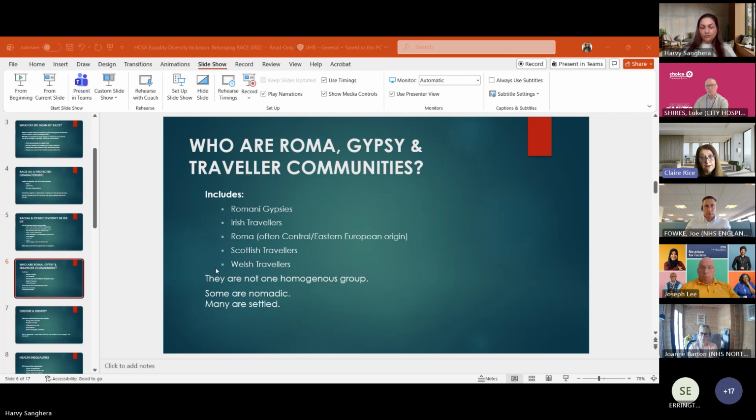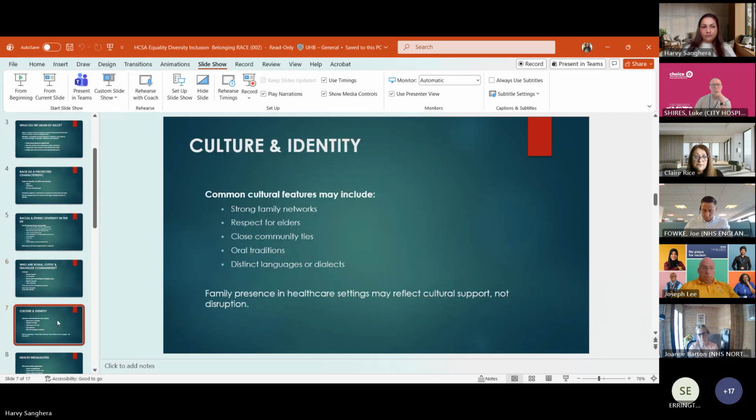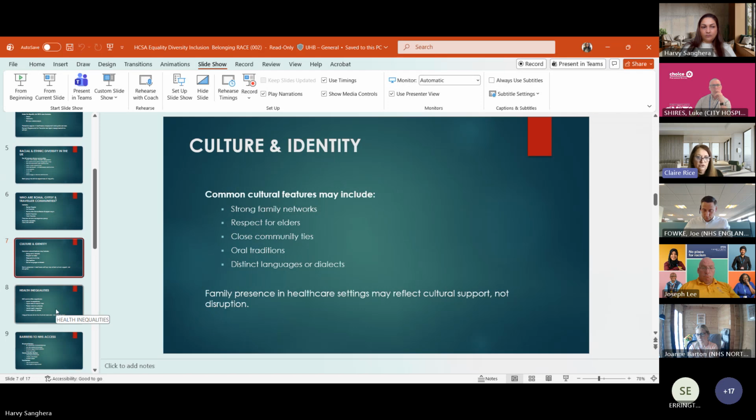There is a large nomadic boat community, and they also face huge difficulties with the NHS, registering, accessing prescriptions, that kind of stuff. So you can see within this GRT umbrella, there's an awful lot of cultures.